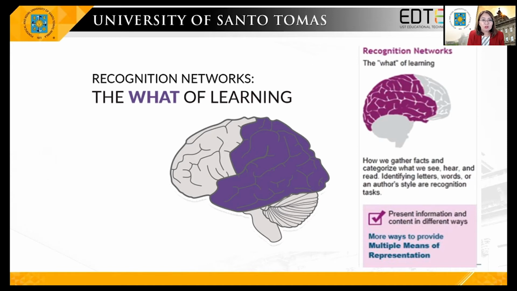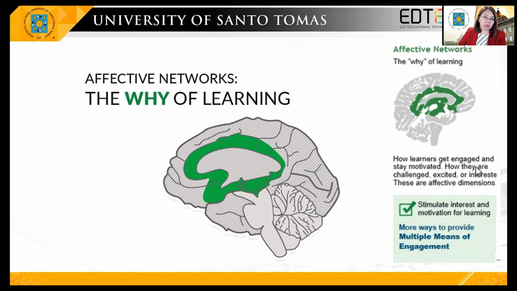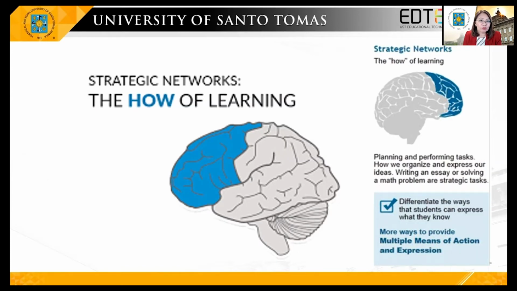So that's why we call this the what of learning. The why of learning, on the other hand, looks into how they get engaged, how they stay motivated. So that's why in the why of learning, it's important to provide relevancy of our lessons in their day-to-day lives. And the third, the how of learning, is how to plan and execute learning tasks.